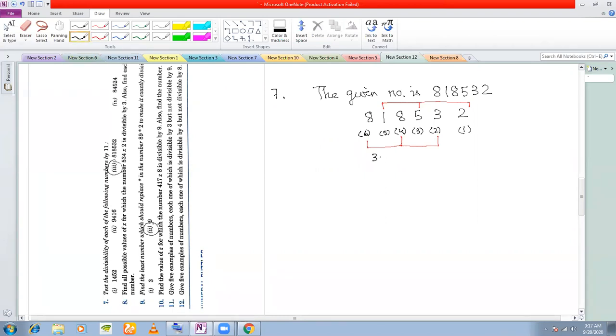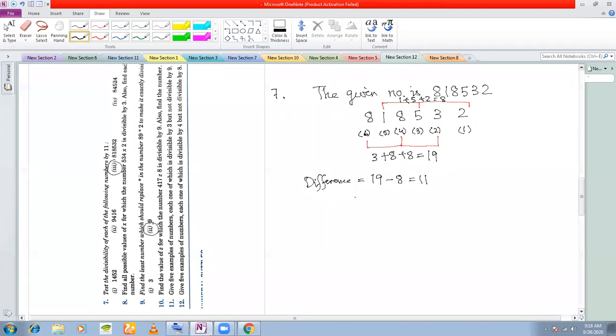You get 3 plus 8 plus 8, 16 plus 3 is how much? 19. And here, what is the sum? 1 plus 5 plus 2, 8. Okay. So what is the difference here? Difference is 19 minus 8, which is 11.